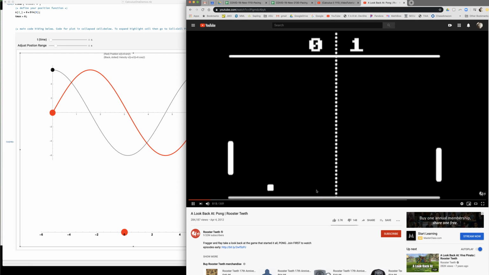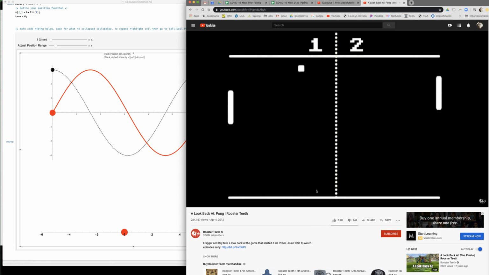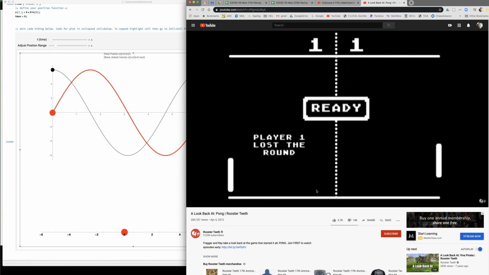And this is just a video game where, back in the old days, there's just very limited graphics and stuff, but we have two little Pong paddles. These are the little vertical bars, and they are trying to knock a ball back and forth. And you can see that the Pong paddles can only move up and down. They're very limited in their motion.